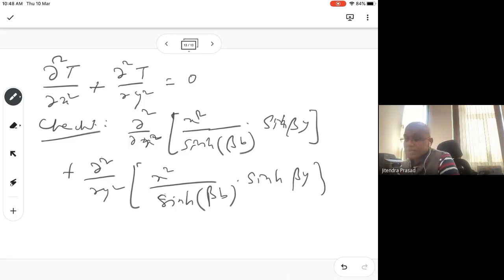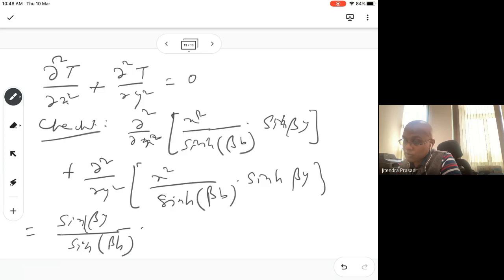Okay, so see if it can solve. From the first one, what we get is sine beta y over sine h beta b, and then you have x square, so this becomes 2, right?